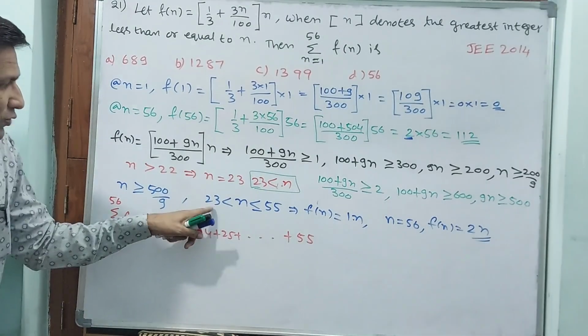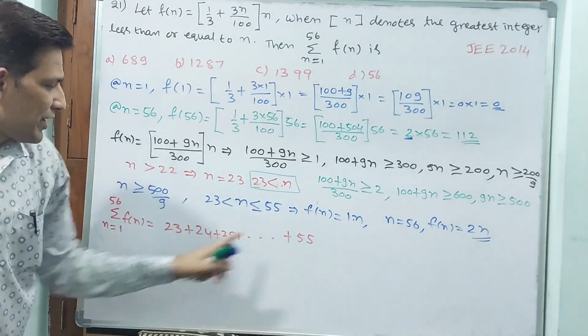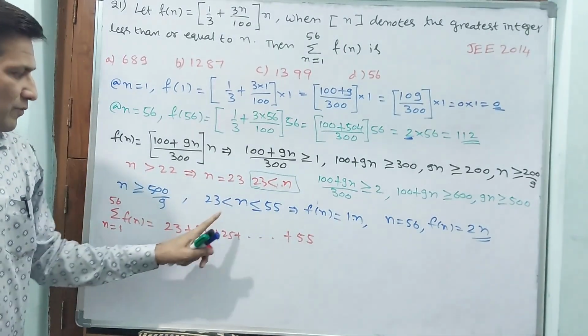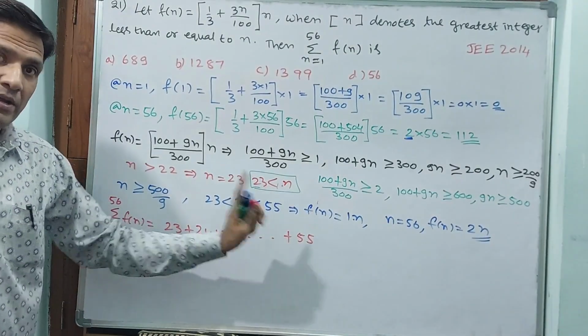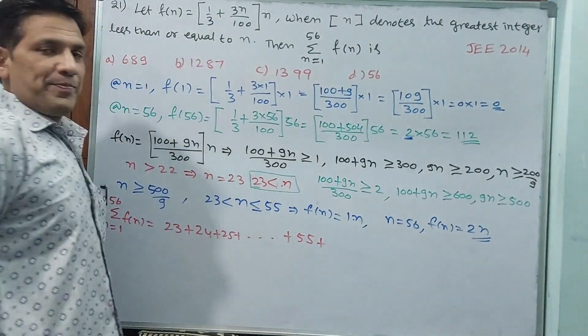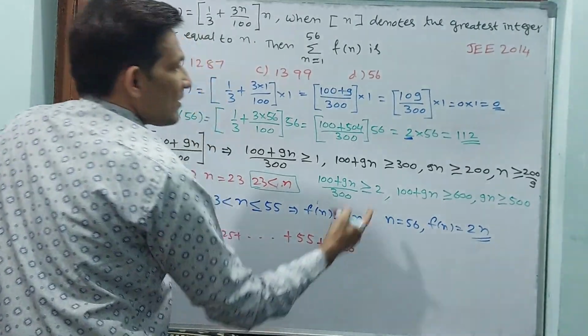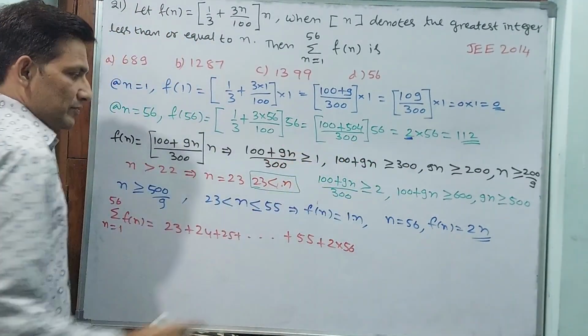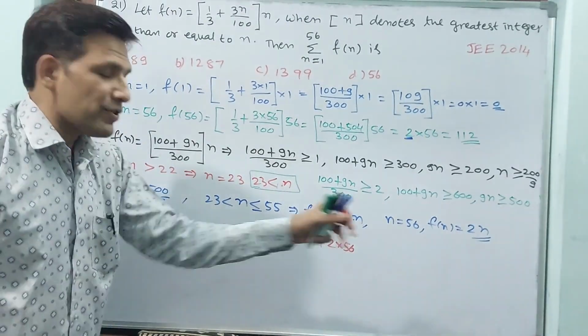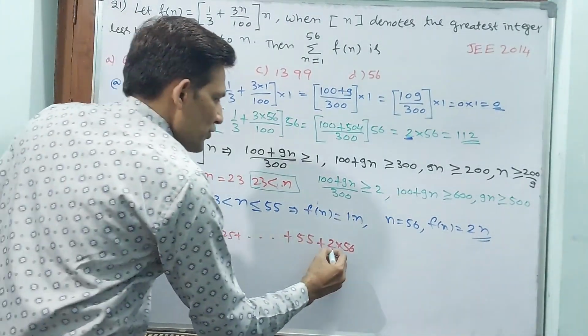Why? Because for 23 to 55 it is 1 into 23, 1 into 24, 1 into 25, 1 into 55, plus 2 into 56. Here 2 into 56 has come. This is the series. How are you going to add? This is going to give 112.